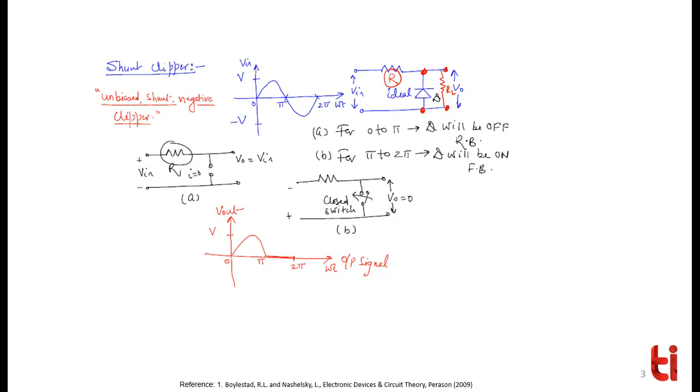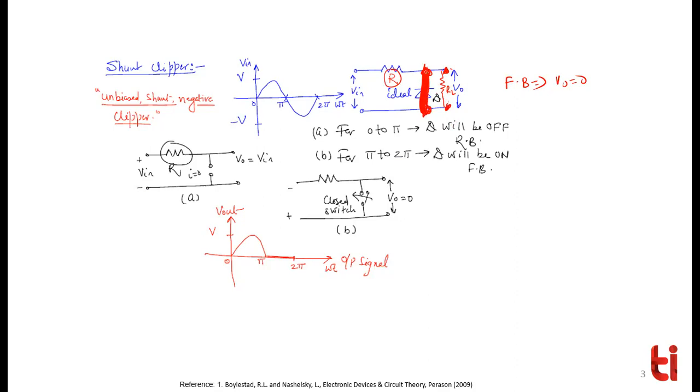Now, the analysis is almost the same. The only thing is, if the diode is forward biased, it becomes a short, and if this becomes a short, the output becomes 0, because you are getting the output across it.